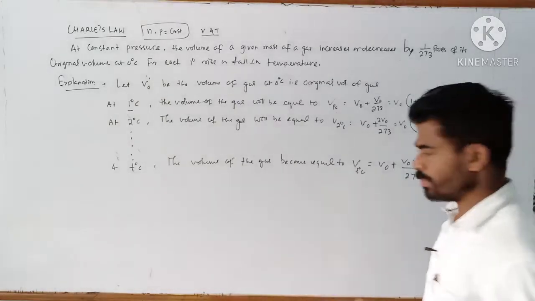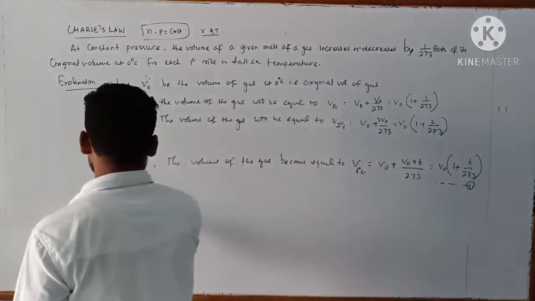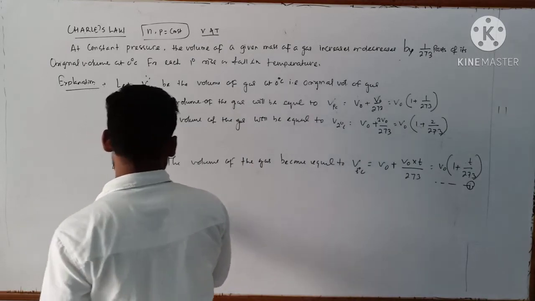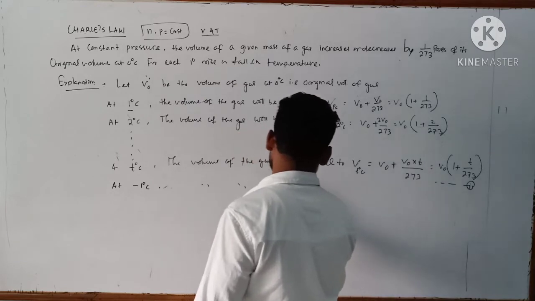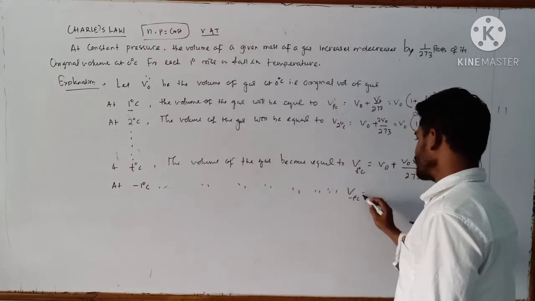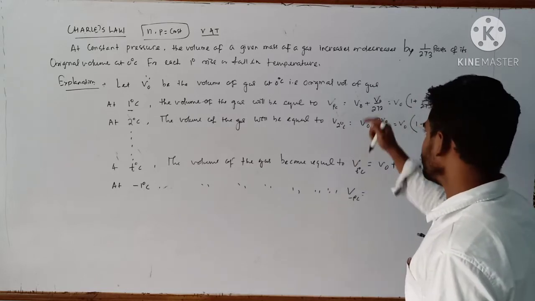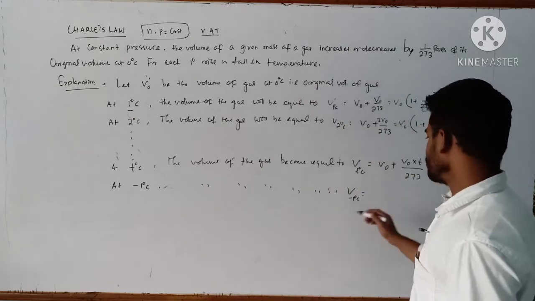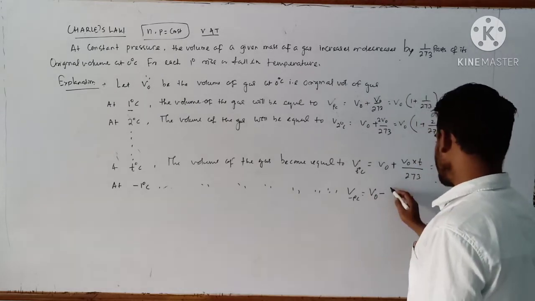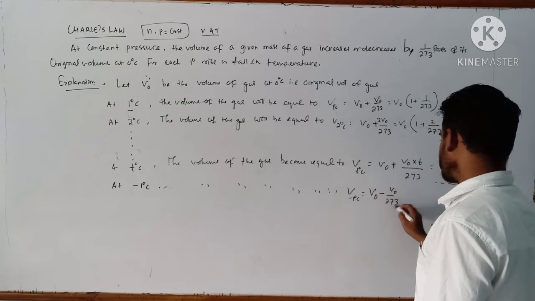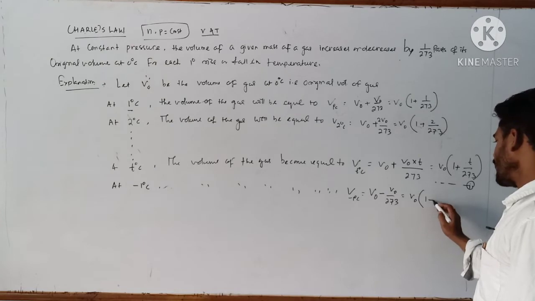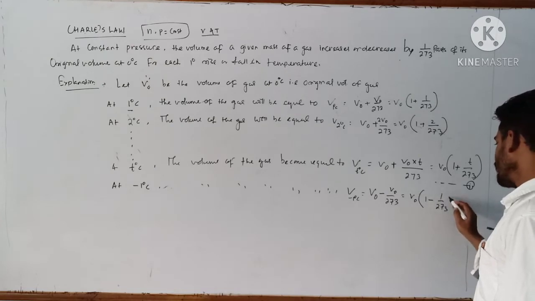Similarly, for decrease in temperature, at -1 degree centigrade, what can I write? The volume of the gas becomes equal to V at -1 degree centigrade, that is the initial volume V naught, minus, since it is a decrease in this case, V naught upon 273. Is that clear? So that will be equal to V naught into 1 minus 1 by 273.